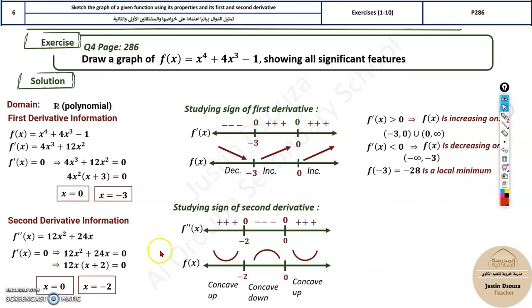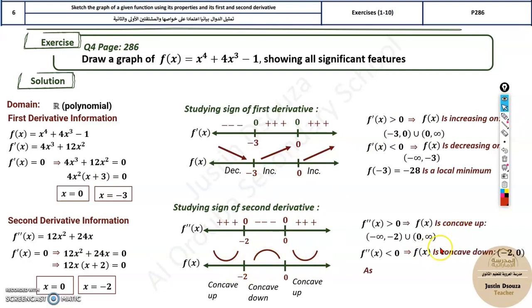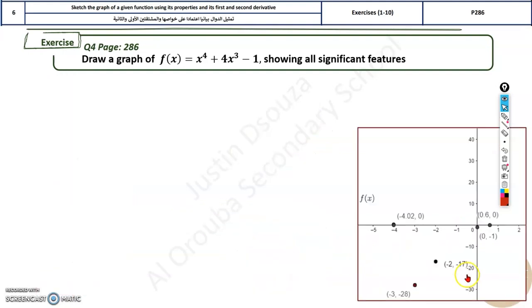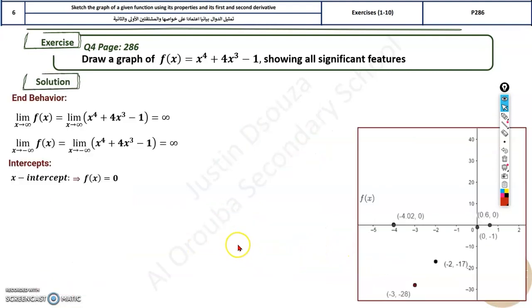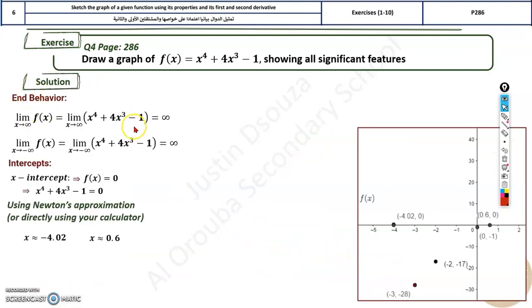So we get a better understanding of the graph. This is very, very useful. And these are the regions concaving upward. Now over here we have inflection points. Inflection points are the points we get when we equate the second derivative to 0. Then for graphing, we can find the end behavior.